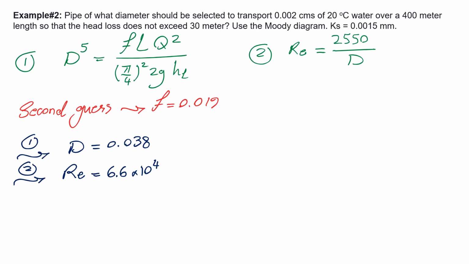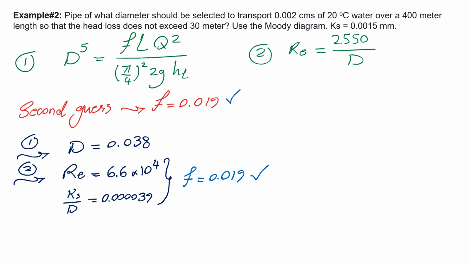Okay, now you need one more thing to go to Moody diagram, and that's K sub S over D. And if you calculate this using the new D, it would be 0.000039. Use these two numbers, go to Moody diagram, and you will find that the F is equal to 0.019. Look at that. Right now, this F is equal to our guess F.